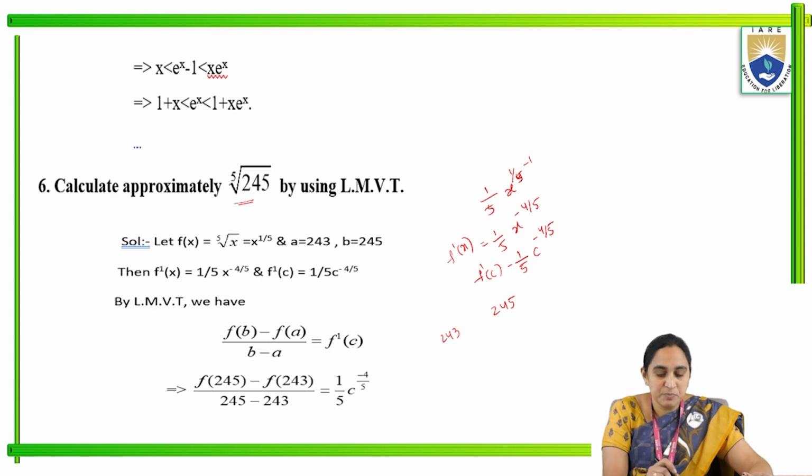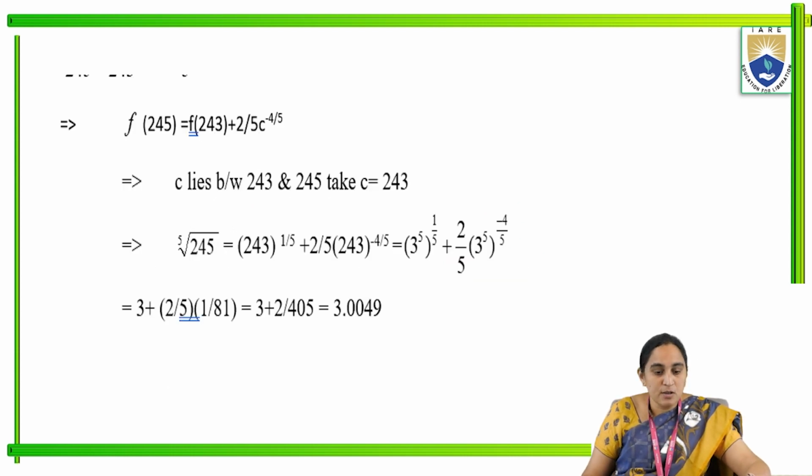Substituting that, f of 245 minus f of 243 by 245 minus 243 is equal to f dash of c, that is 1 by 5 into c power minus 4 by 5.